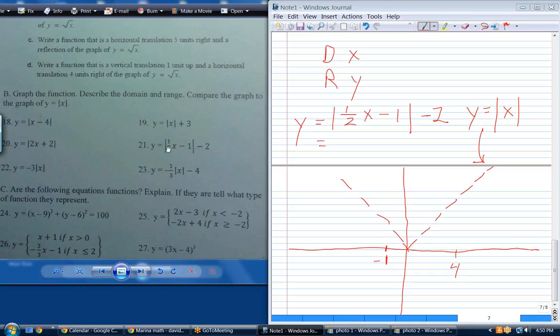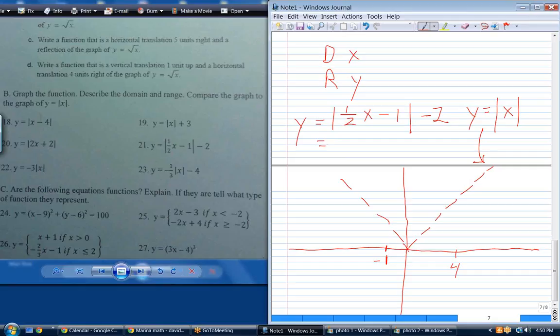I can't look at this and say that it shifts right 1 and down by 2, because of that 1/2 sitting in front of the x. Well, doesn't the 1/2 make it wider? Yes and no. If I was looking at strictly y equals absolute value of 1/2 x, yes, I could end the discussion and say it makes it wider. But in terms of figuring out what kind of horizontal shift is going on here, I have to get that half out.